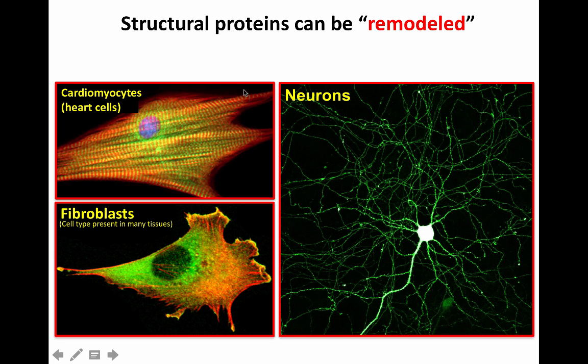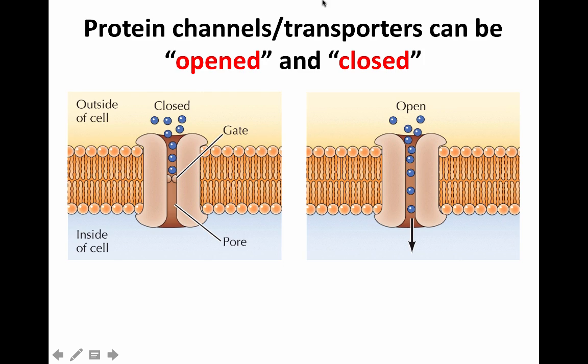Structural proteins that give cells their structures are capable of being remodeled, which in turn can drive shape changes in cells. Protein channels and transporters, as this image is trying to show, are capable of being either closed so that things cannot pass through them, or opened to allow things to pass through them, right?